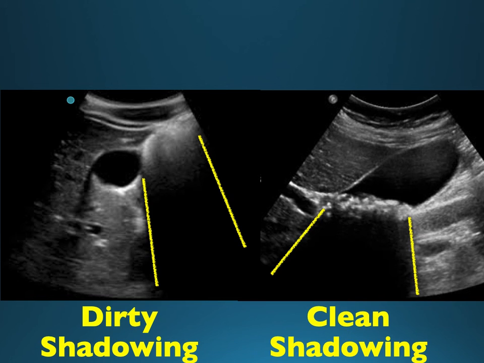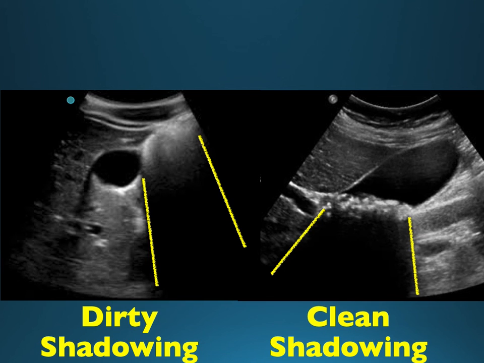Dirty shadowing is kind of this hyperechoic echo superficially, and then a gradual transition to anechoic findings, almost like a smeared pencil. Contrast that with the clean shadowing seen on the right behind some stones. They're very hyperechoic stones, and then there's a harsh transition to an anechoic shadow deep to it.